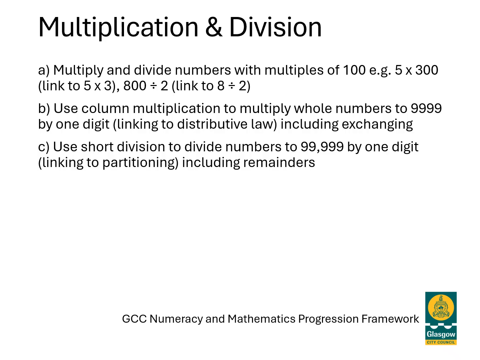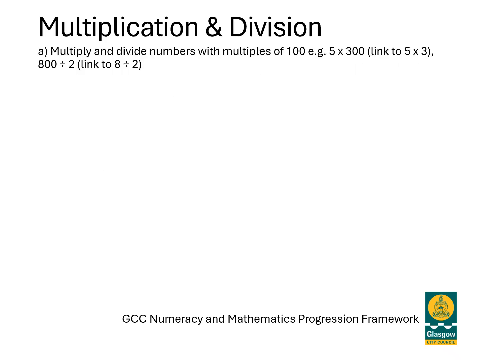So 5 times 300, we want to link that to what we know about 5 times 3. We are going to introduce column multiplication, including exchanging. And we're going to be using short division to divide numbers up to 99,999 by 1 digit. Okay, and including remainders.